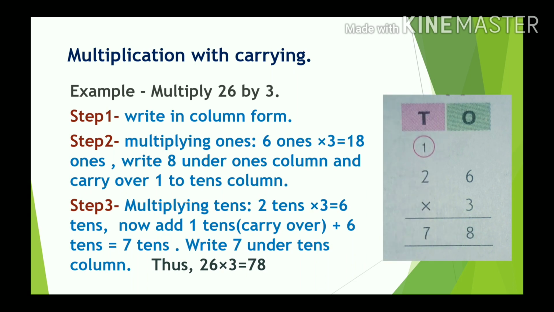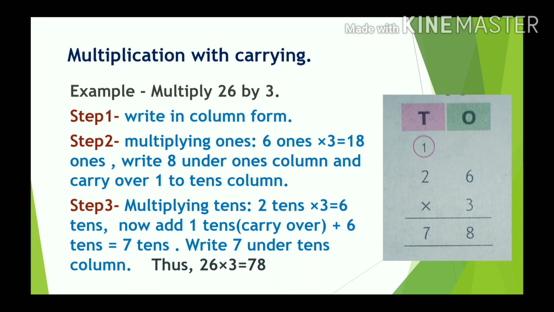You can see in this picture how we have arranged the numbers column-wise. 2 under the tens column and 6 under the ones column. After that we have multiplied 3 into 6, so we get 18. So for 18 we have written 8 under the ones column, and 1 we have carried over to the tens column.